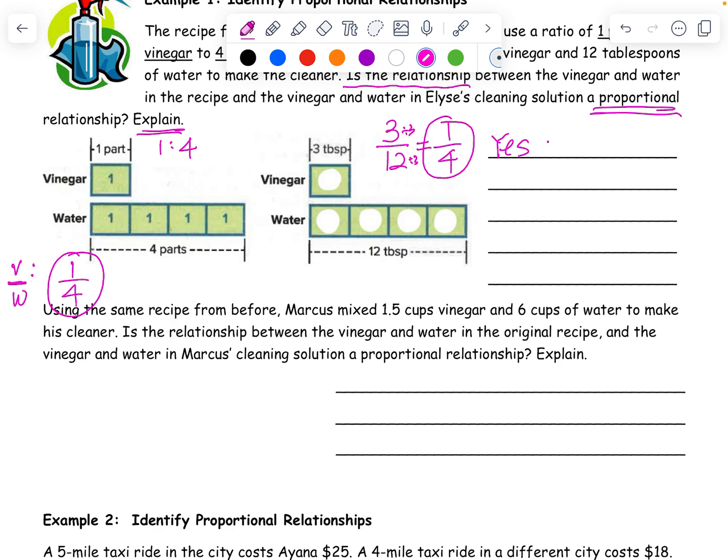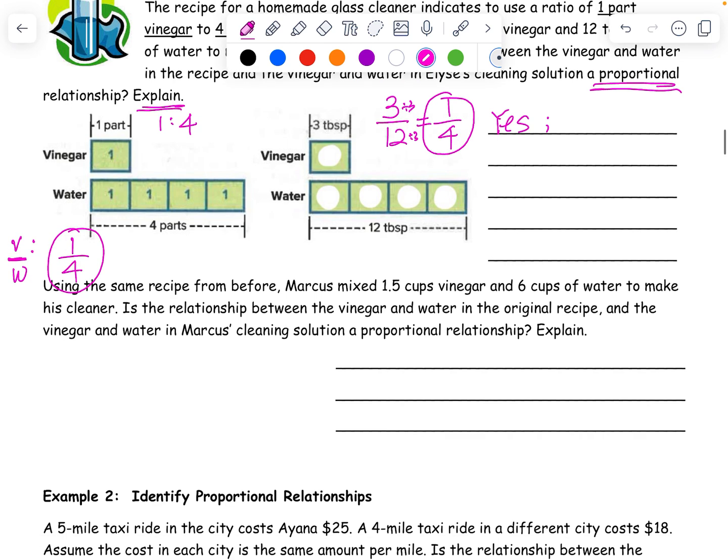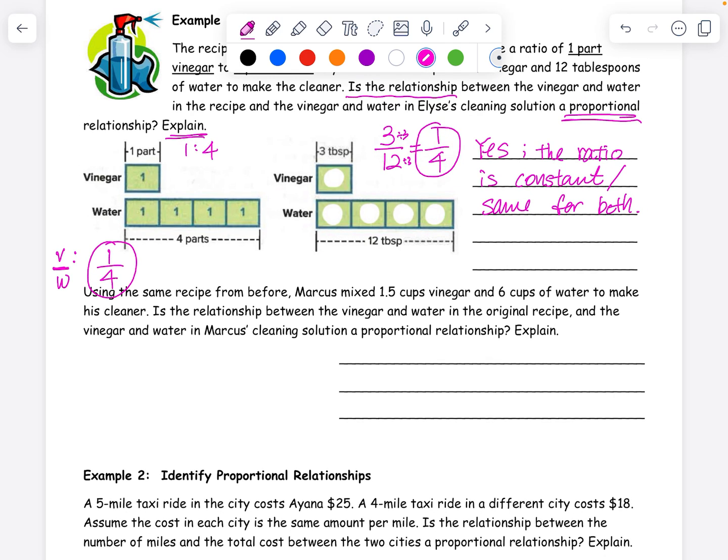Okay, I'm going to put a semicolon to explain. The ratio is constant or same for both. Okay, and that's good enough explanation, because you showed through the work that the ratios are constant.